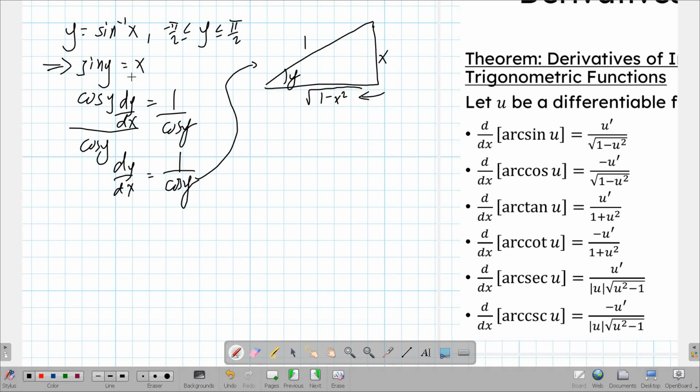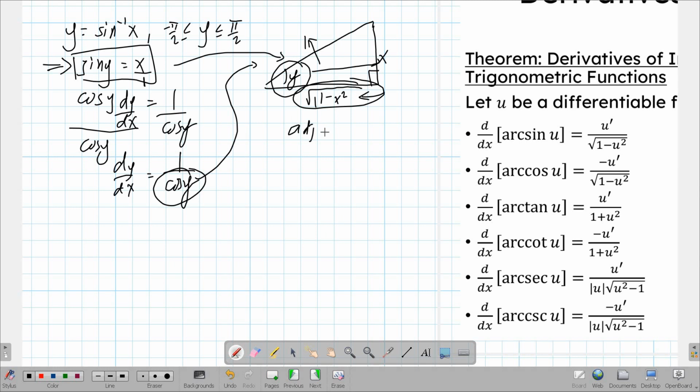Now where did this come from? Because sine y equals x, y is the angle here, so the opposite side is x and the hypotenuse is 1. That's why sine y equals x is produced here. If we're going to find cosine y, we need to find the adjacent side. By the Pythagorean theorem, the adjacent side squared plus x squared equals 1, so the square of the adjacent side is 1 minus x squared.